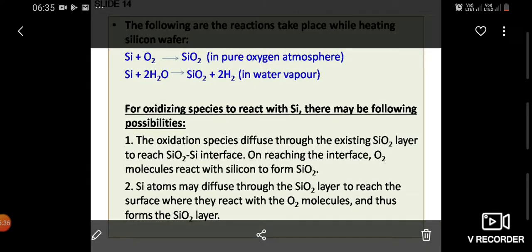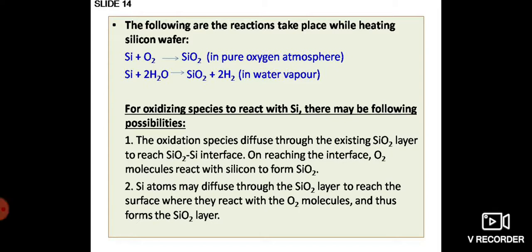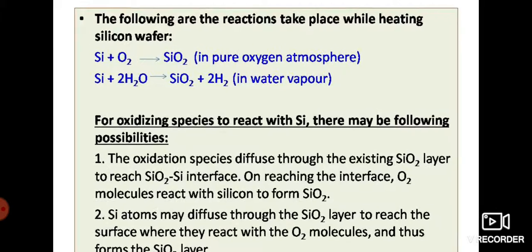Here you can see the chemical reactions which take place while heating the wafer as a whole at 1000 degrees centigrade or above, for dry oxidation, which takes place in a pure oxygen atmosphere, and wet oxidation, which takes place by using water vapor as the oxidizing agent.